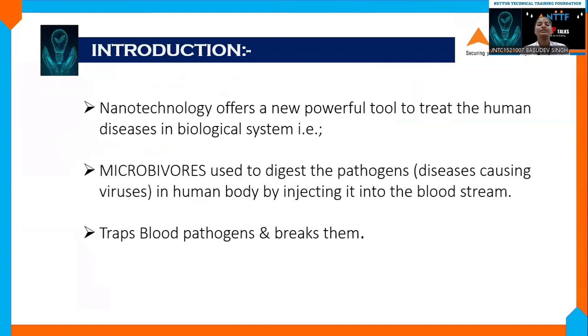Microbivores means nanotechnology offers a new powerful tool to treat human disease like our biological system. Microbivores are used to digest pathogens. Pathogens means the disease-causing viruses in the human body. By injecting it into the bloodstream, it traps the blood pathogens and breaks them.